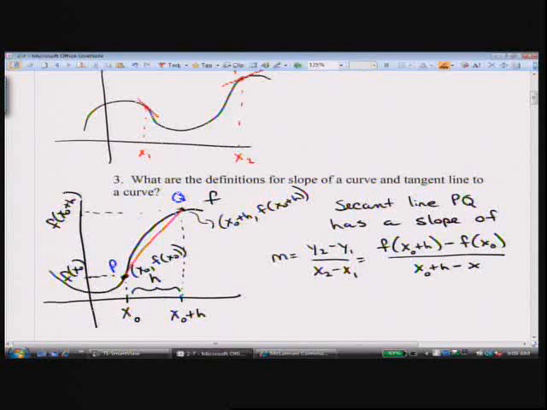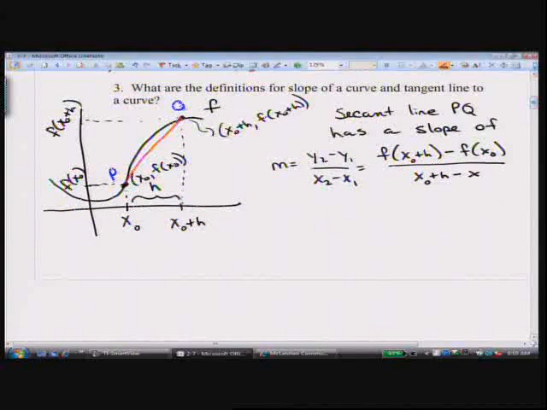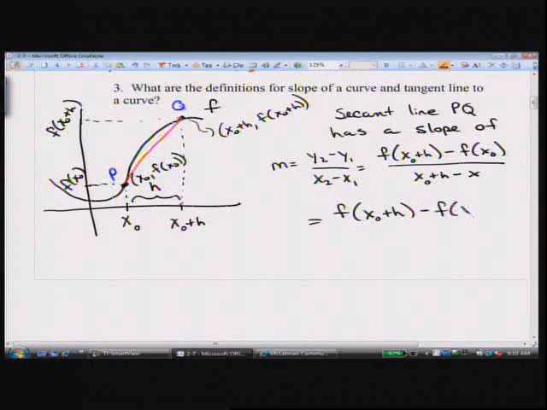And then that will clean up a little bit, and that will clean up to be f of x sub 0 plus h minus f of x naught all over h, right? Would it be minus x naught? Yes, x naught. Okay, and so that's all over h.